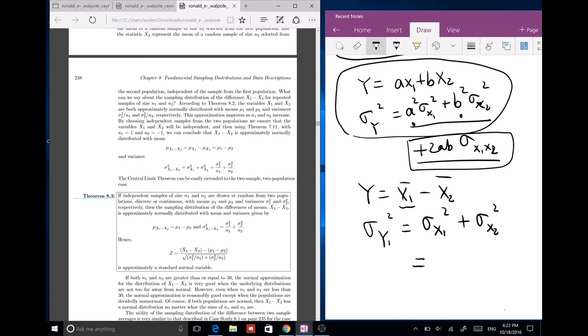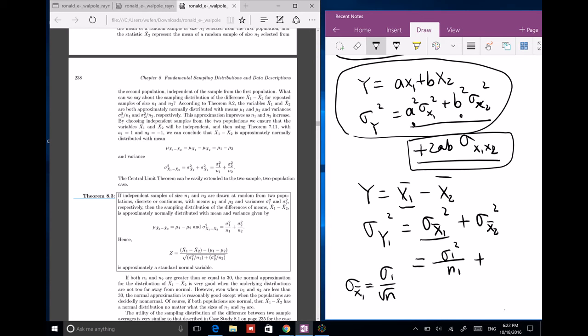We learned that sigma x1 bar equals sigma 1 over square root of n1, so you square this and get sigma 1 square over n1. For the other one, since the coefficient is negative 1, its square is positive 1.